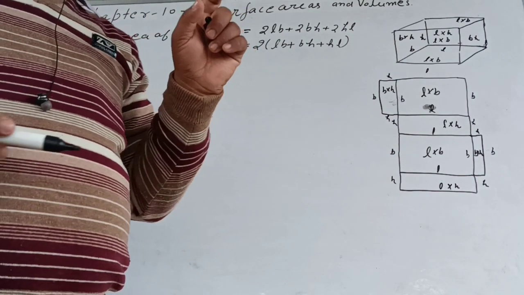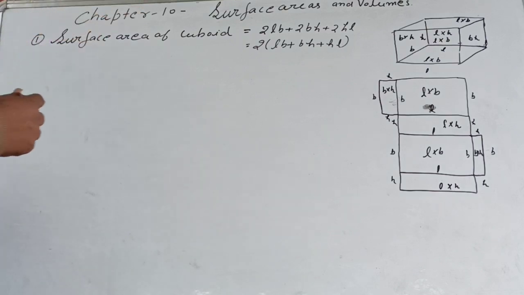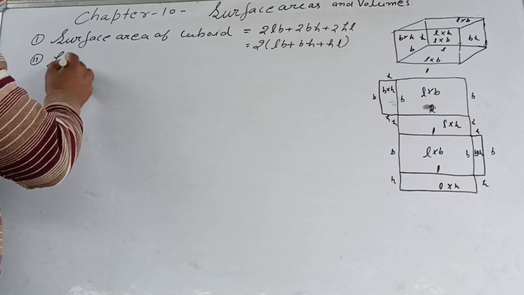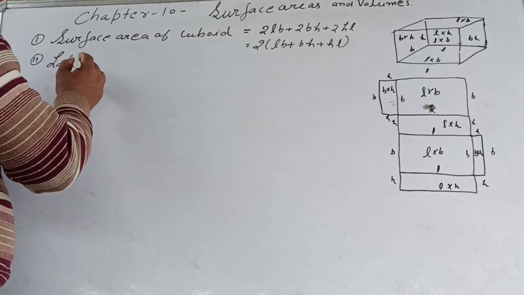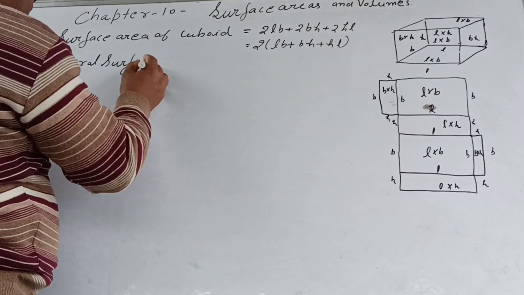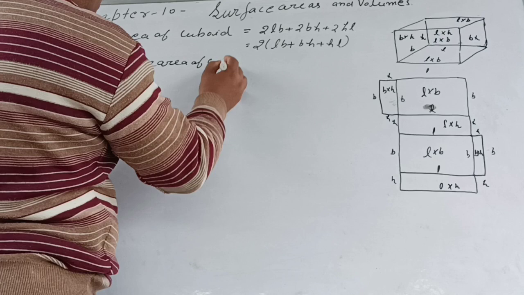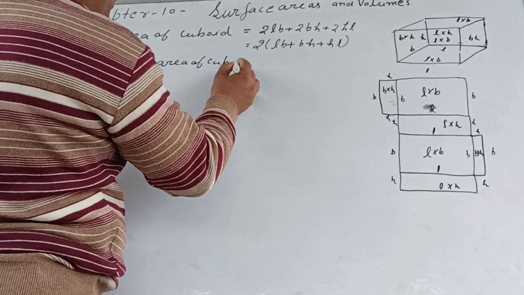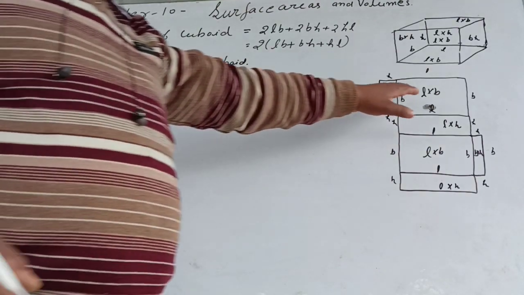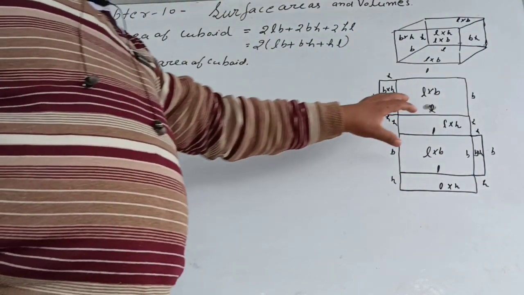Second formula, lateral surface area of cuboid. In lateral surface area of cuboid, this and this portion are out of the figure.